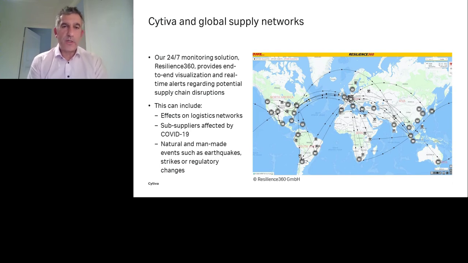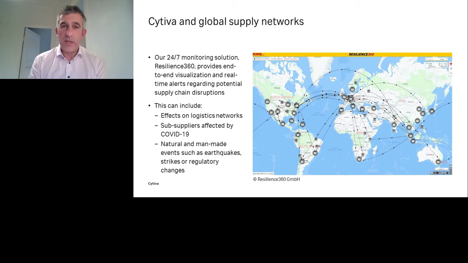So throughout the COVID-19 pandemic, for example, we have received continuous updates about threats to both our suppliers' ability to manufacture, but also threats to our logistic partners in shipping material to us. This has been a continuous and ongoing input from Resilience 360.